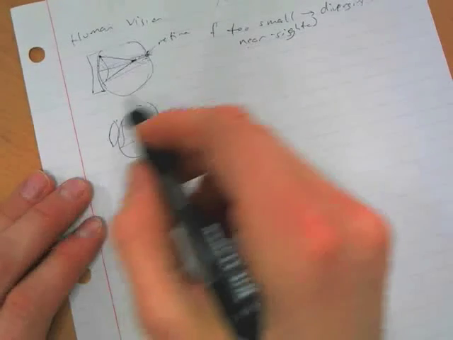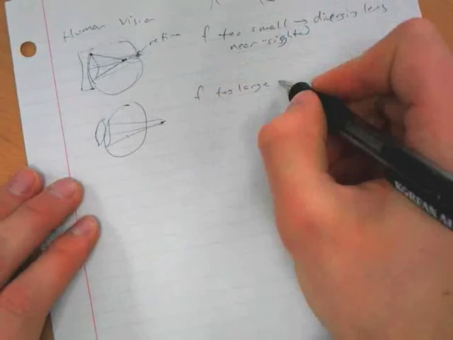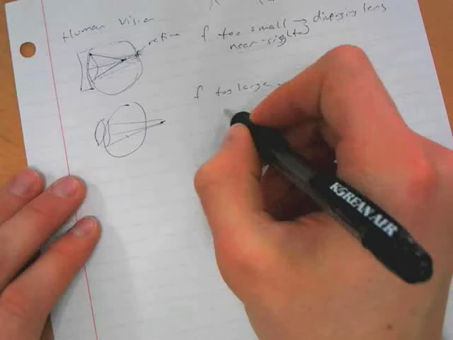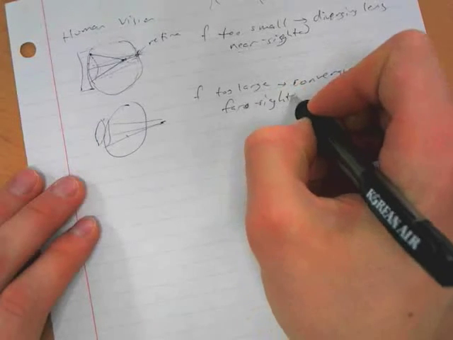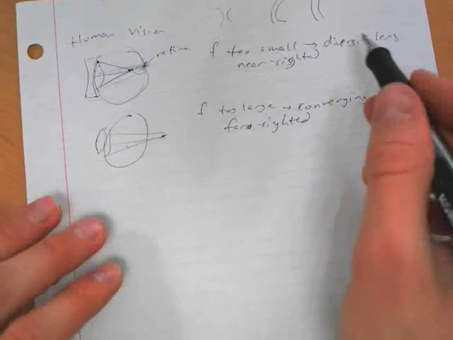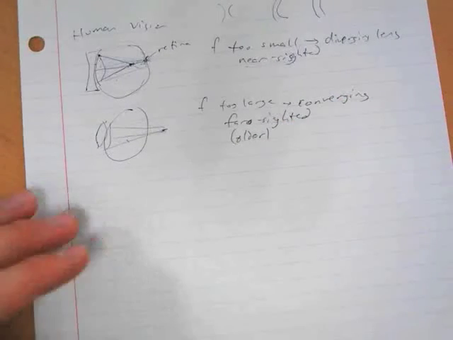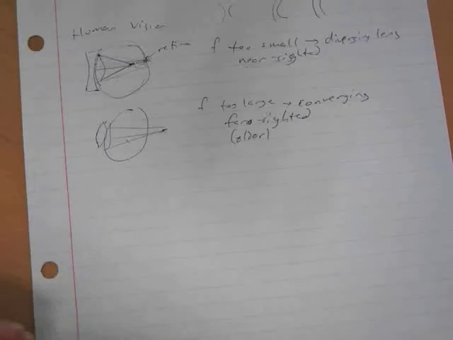And that is, if our f is too large, then you need a converging lens, and that is being farsighted. Most of you guys probably aren't farsighted. This tends to happen as you get older. People need reading glasses. They can see things far away, okay, but they can't see up close.